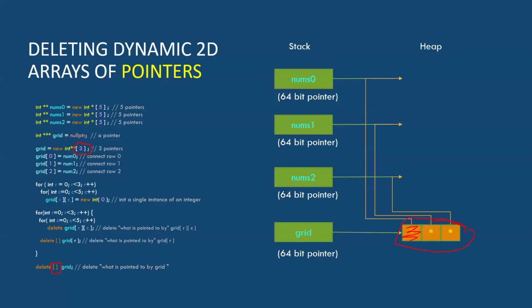And these would, in theory, be somehow floating around in memory. So we are required, unfortunately, if we created it with square brackets, we have to delete it with square brackets. Otherwise, it's going to essentially corrupt memory in a different way, depending on every compiler, it seems like.